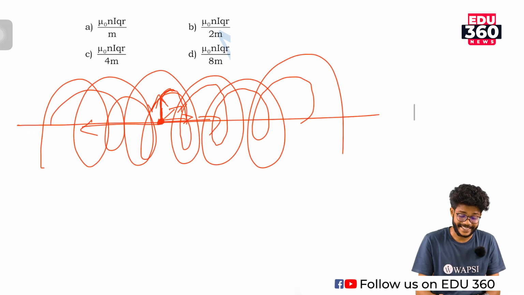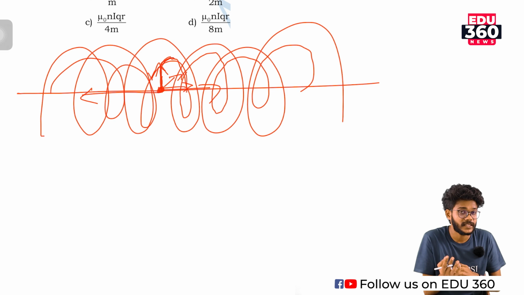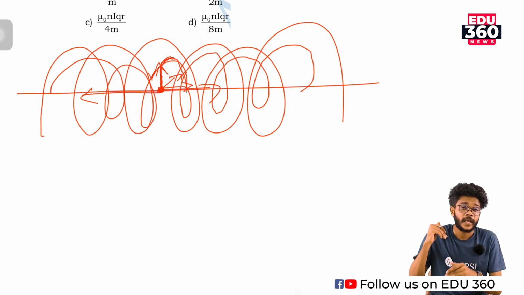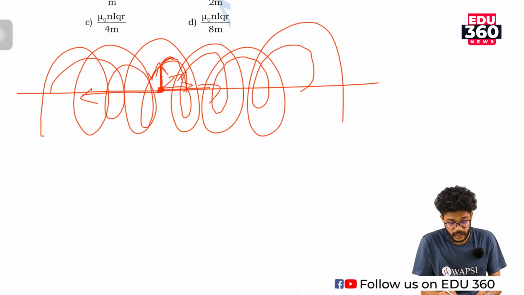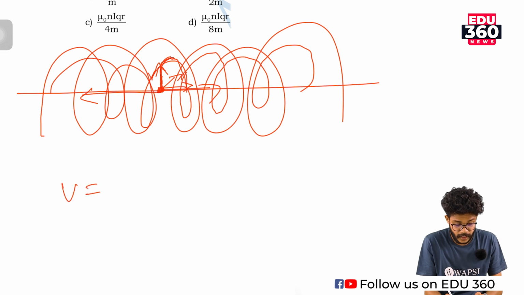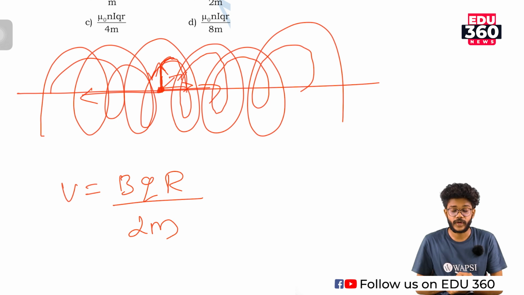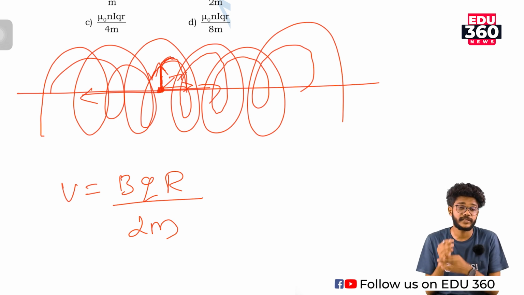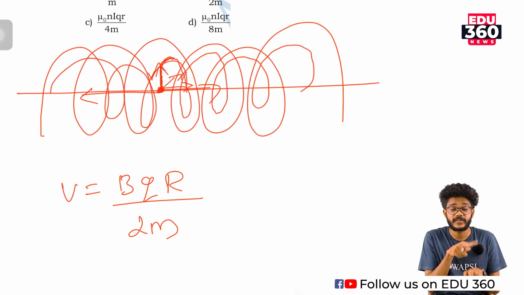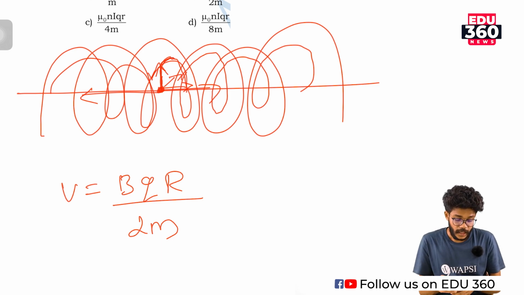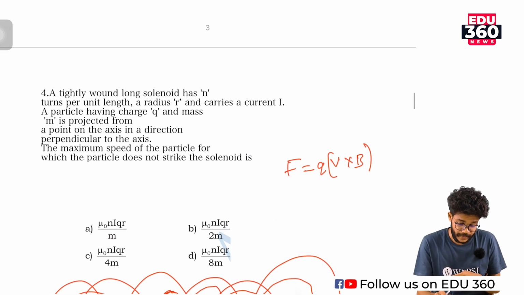So we want to calculate the speed, the velocity. When a magnetic field is applied to a projected charge, V is equal to BQR by 2m. We already studied this equation in the chapter on the dees, that means the cyclotron using the dees. But this equation is not given.